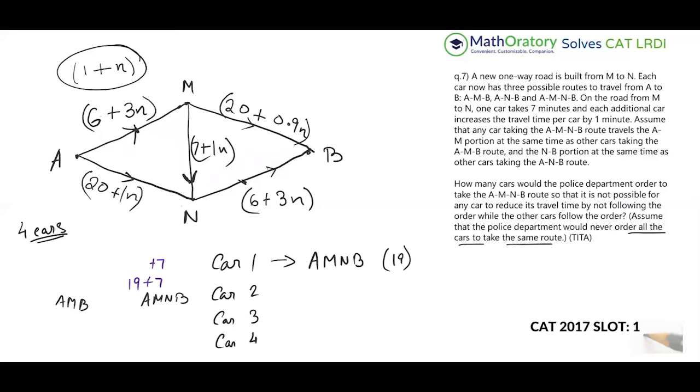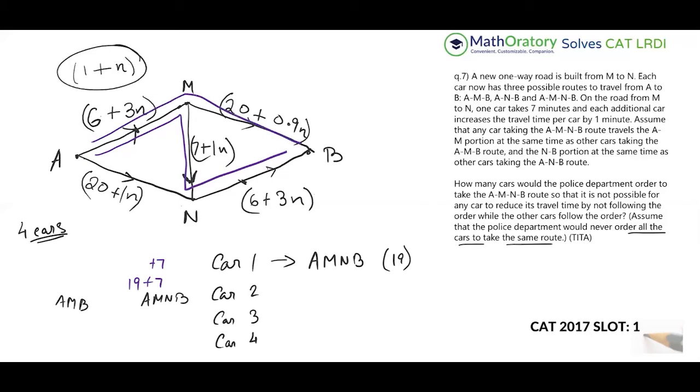And in this case, okay, now what about the second possibility? So if I check AMB, now this is interesting. The first car is anyhow traveling via AMNB. If the second car goes via AMB, now first let me write the base value.